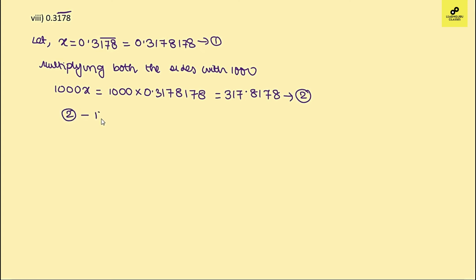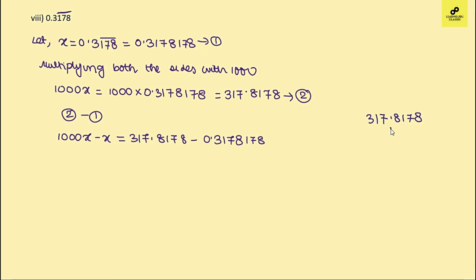2 minus 1. 1000x minus x, 317.8178 minus 0.3178178. Write in this way. After that we will see how to subtract. After subtraction, what will be the value? 317.5.